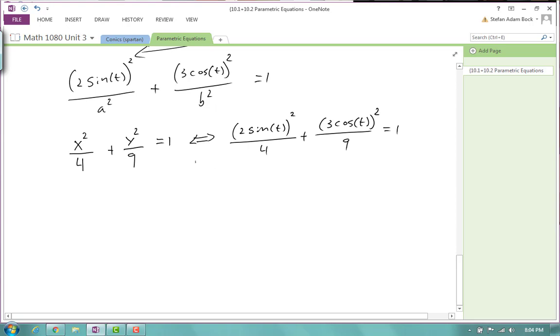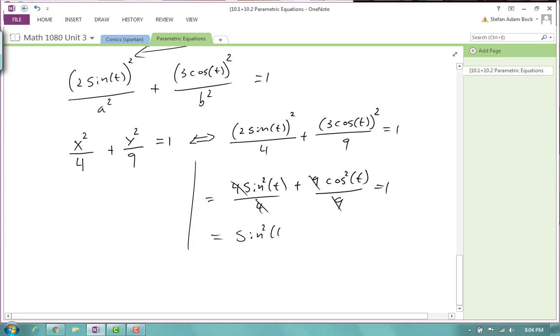But if I rewrite this, I have 4 sine squared of t over 4 plus 9 cosine squared of t over 9 equals 1. And this is a true identity. Which means that these parametric equations satisfy the definition of an ellipse, or the necessary formula for an ellipse.